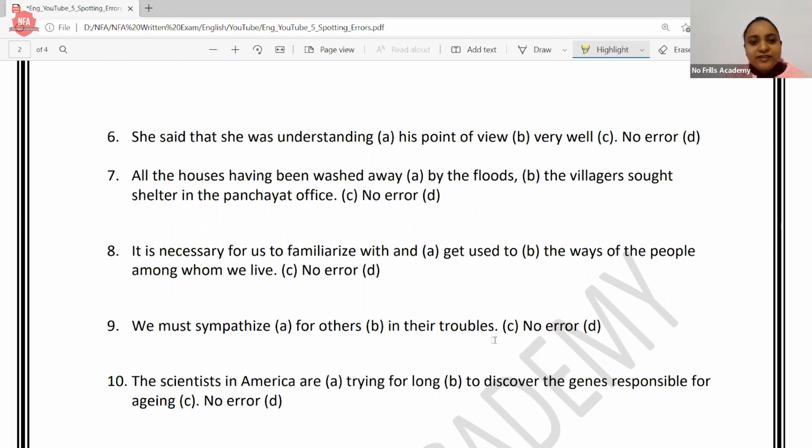We must sympathize, A; for others, B; in their troubles, C; no error, D.